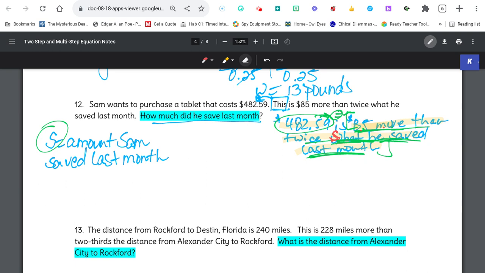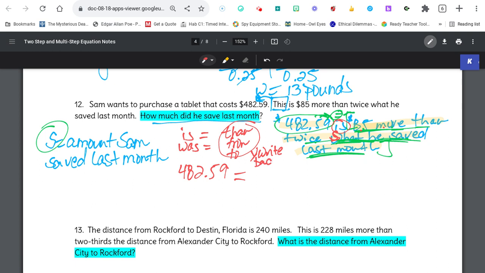So you all will learn that if you see, and this isn't a word problem, you want to write this down as a little note. And I'm sorry, I should have gone over this before I gave it to you. Is normally means equal. Was normally means equal. That's why I was able to change is to equal. And if you see than in a statement, or from or to, then I want you to write the statement backwards. I know more than means plus.